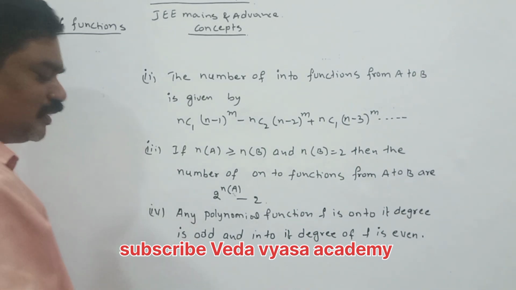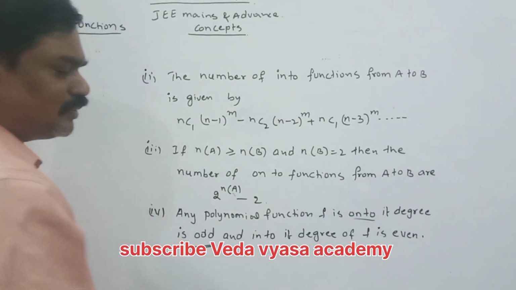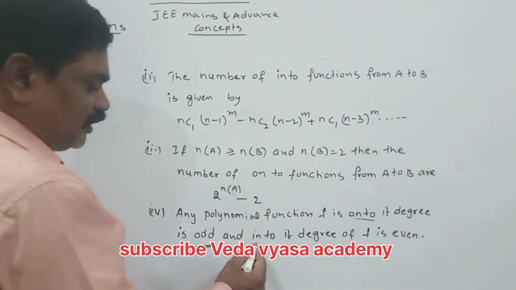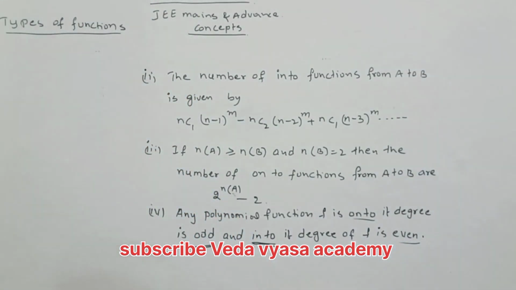If the polynomial function has odd degree, then it is an onto function. Otherwise, it is an into function.